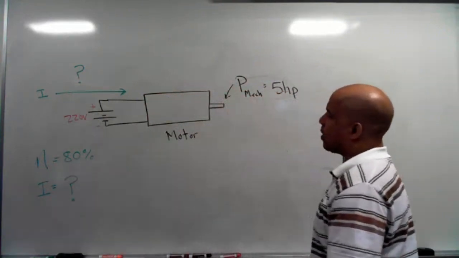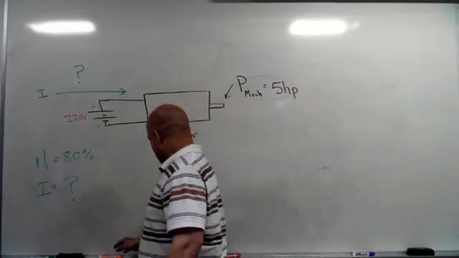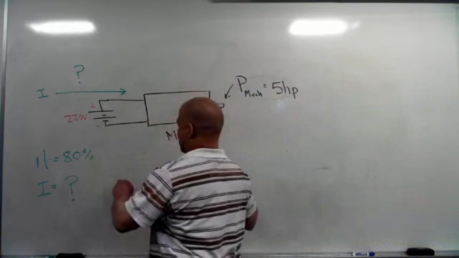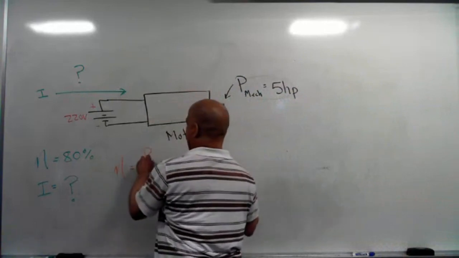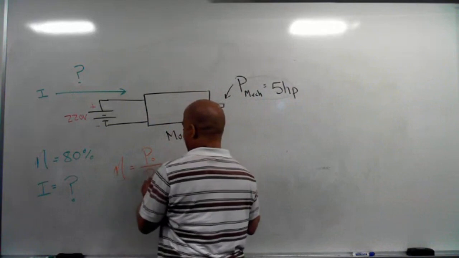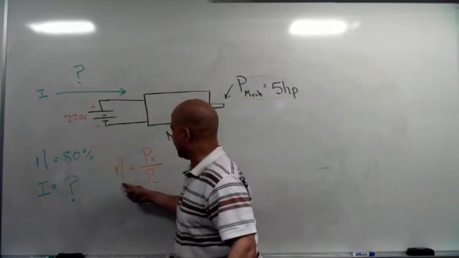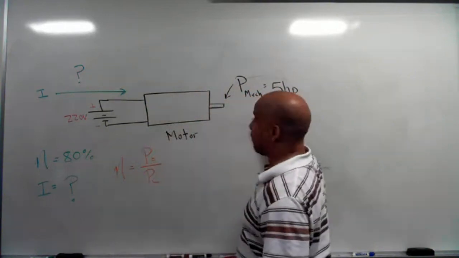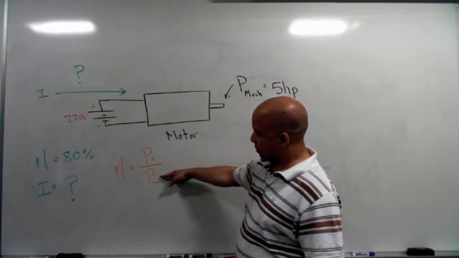So when I looked at this problem, I immediately thought, if they gave us this, they must want us to use this equation: efficiency equals P out over P in. That makes sense because P out I can get from converting this over to watts. The only unknown here is the input power.